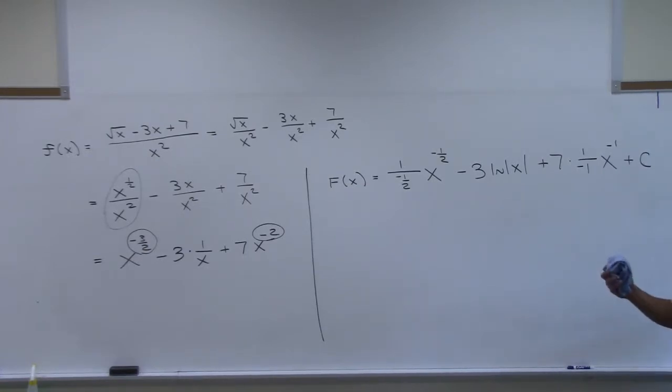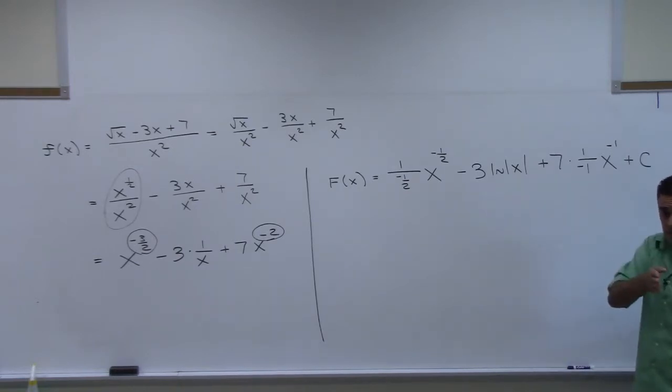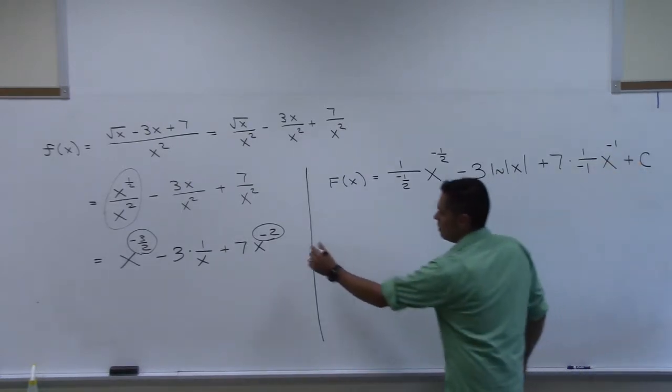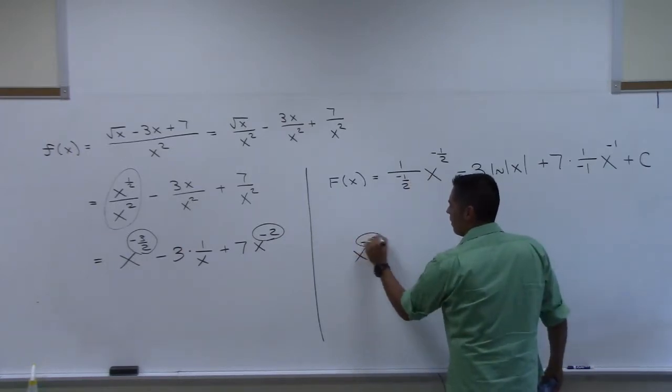Yes or no? I'm not sure if the looks on your face mean you're ready for this to be done, or I'm not showing the arithmetic of adding those numbers, but yes? Yeah? Okay, so what part? This? Okay, so let me do this one right here. If I have x to negative 2, and I want to find the antiderivative here, this is my n.